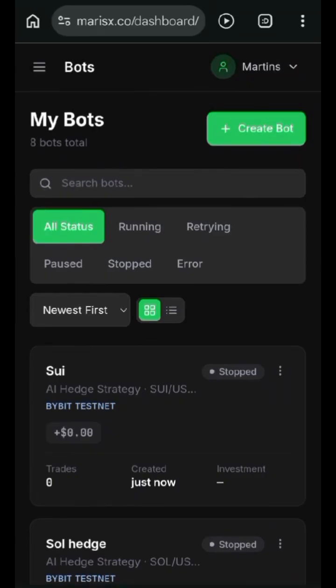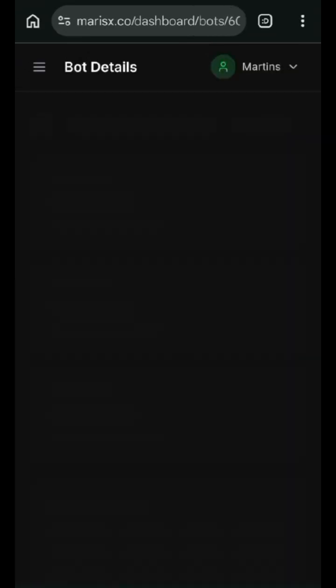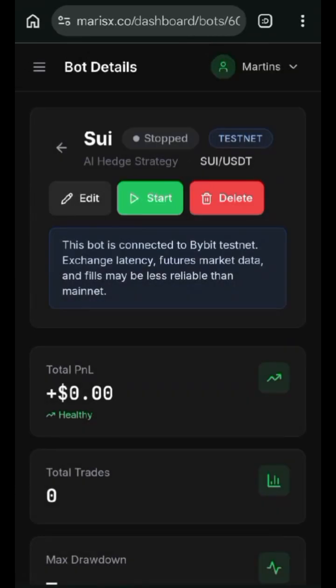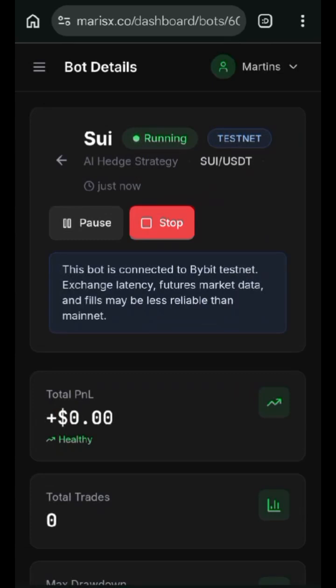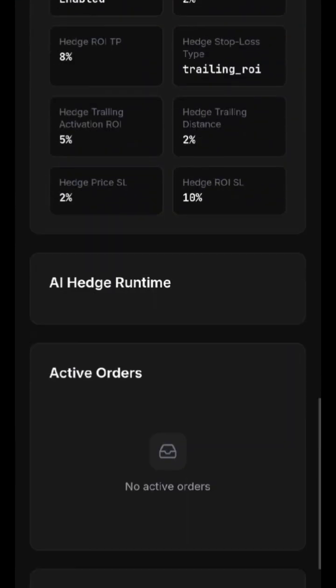So all you need to do at this point is just click the three dots beside the setup you just made, click on view, and you will see the option to start. All right, so once you set up like this, you can see it is running, right? So that is how to trade this particular strategy.